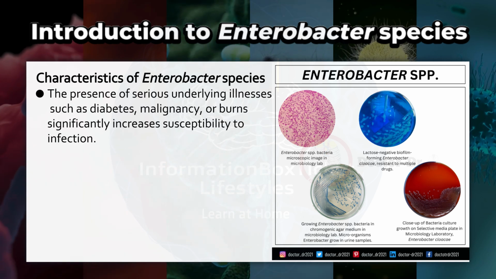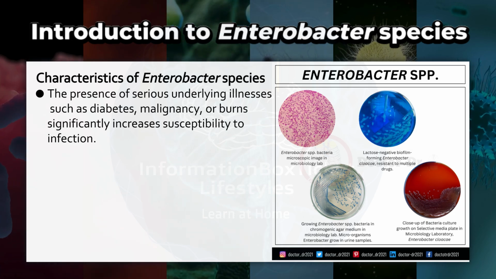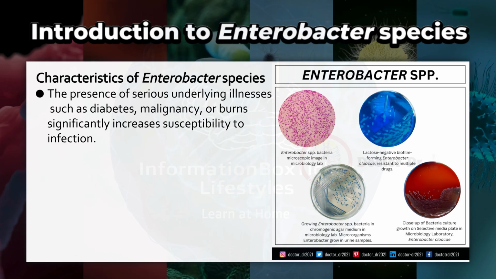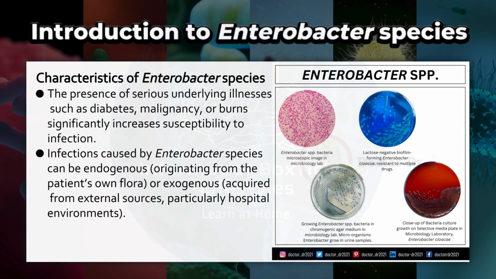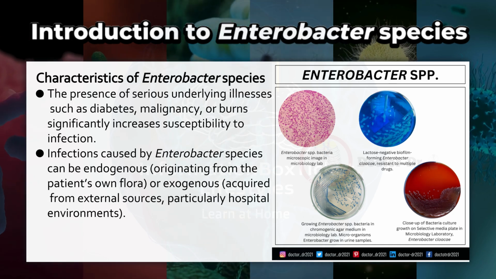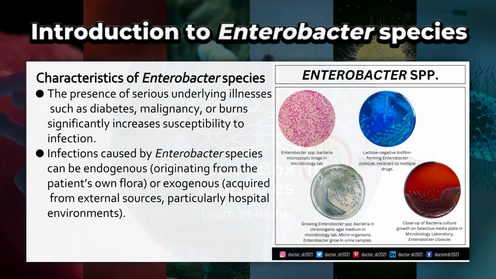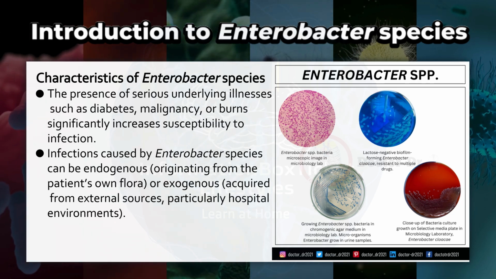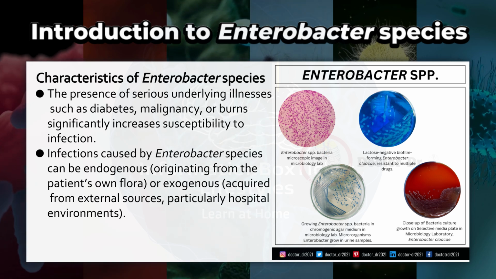The presence of serious underlying illnesses, such as diabetes, malignancy, or burns, significantly increases susceptibility to infection. Infections caused by Enterobacter species can be endogenous, originating from the patient's own flora, or exogenous, acquired from external sources, particularly hospital environments.